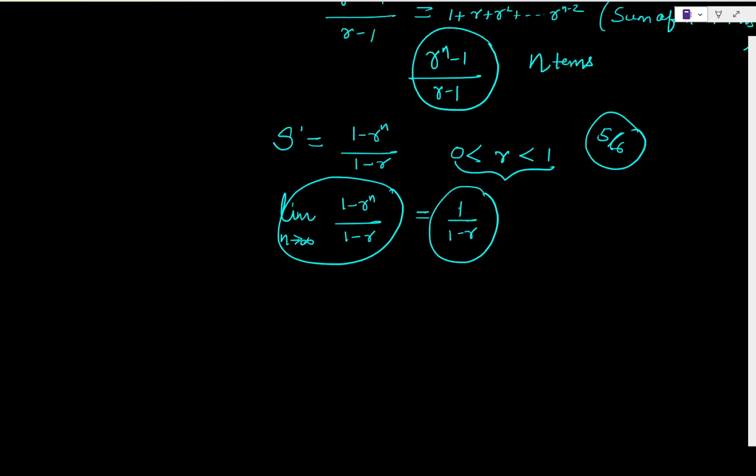So to prove that point, if I take this example, 5 by 6, you square it, you get 25 by 36. So this is smaller than 5 by 6 if you think fractional value-wise. You take another power, it will become even smaller.